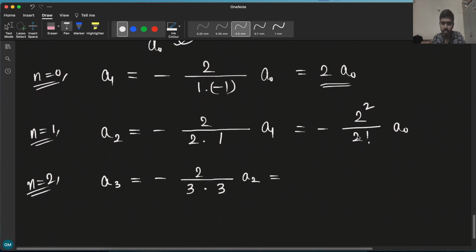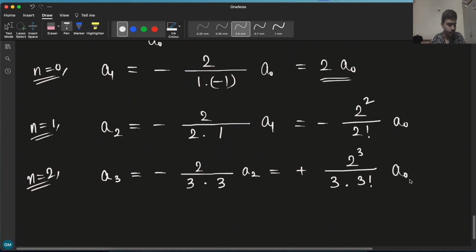Now a2 I know is this, so it equals to then minus 2 cube divided by 3 times 2 factorial, that is 3 factorial a0. Okay.